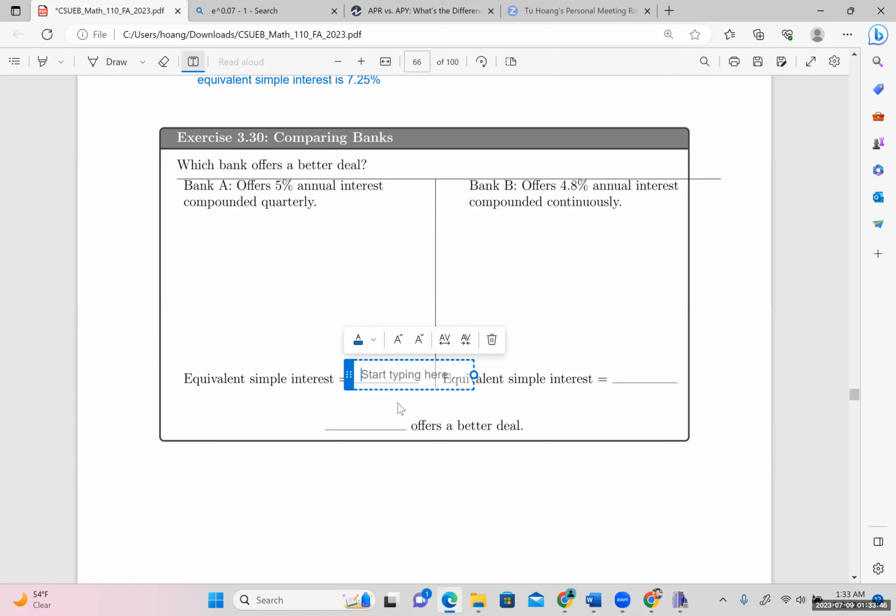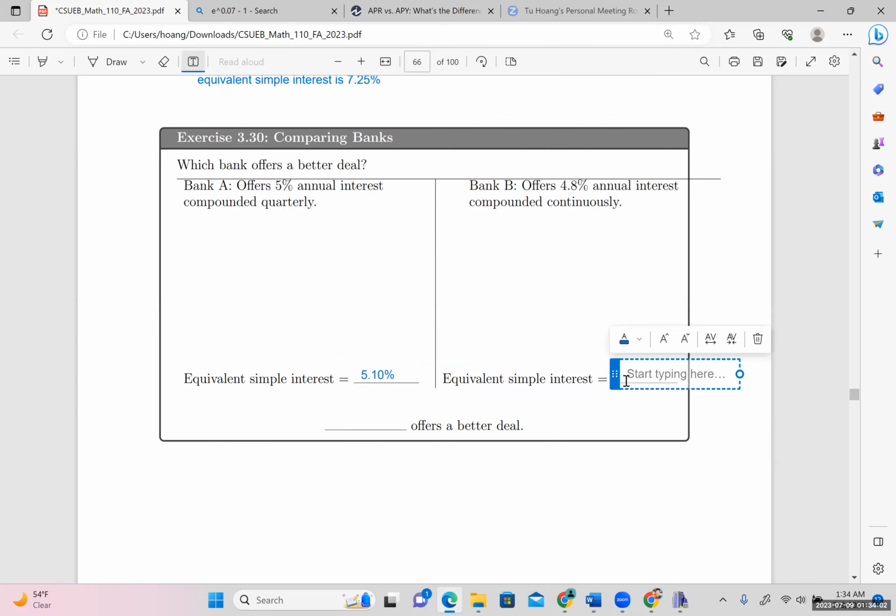The first is going to be about 5.10%, and the second one is going to be 4.92%. Okay, so you can go ahead and try.